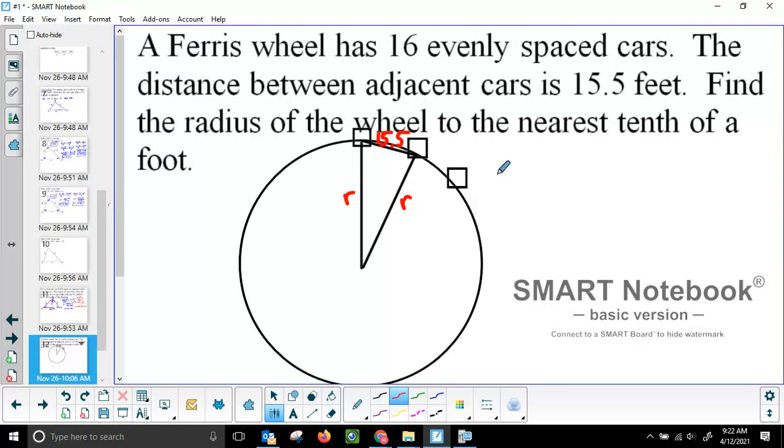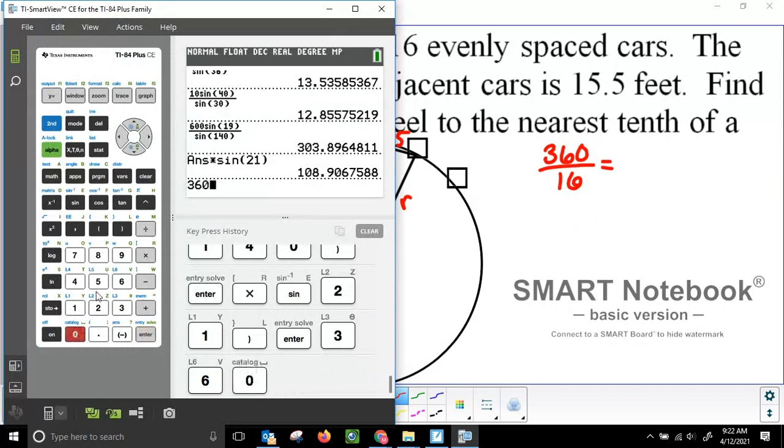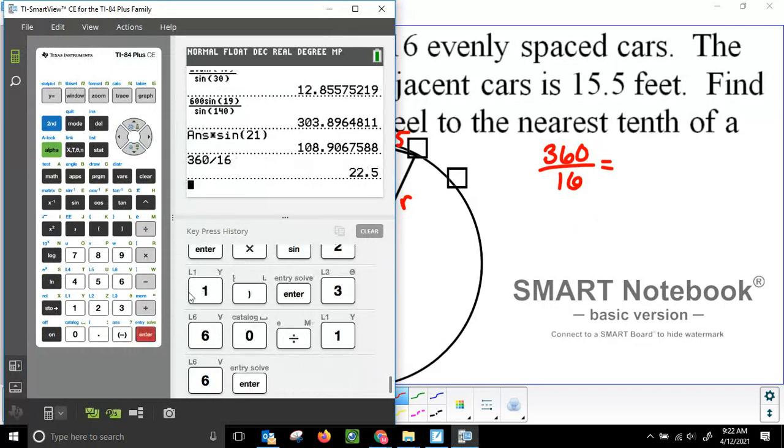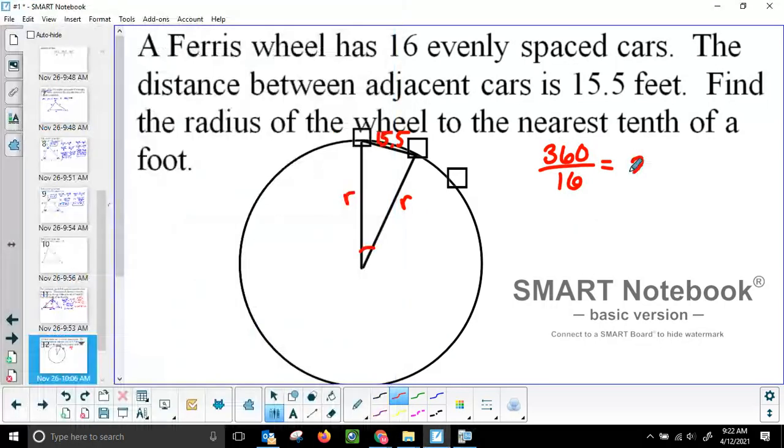We don't know any angles, and we have to know angles. 360 degrees divided by 16 will give me this interior angle, which is 22.5 degrees.